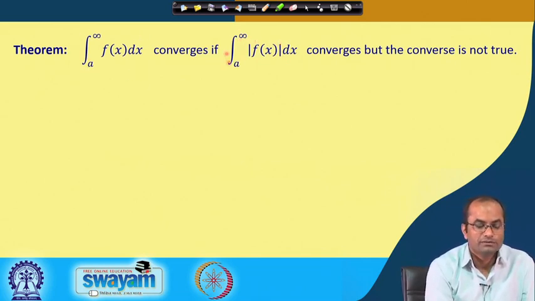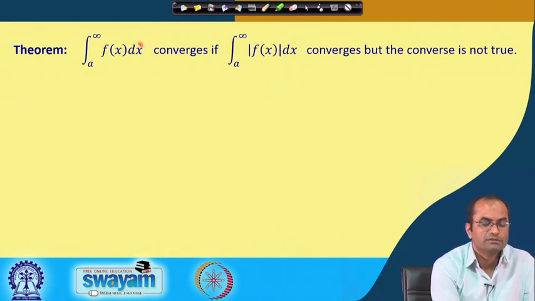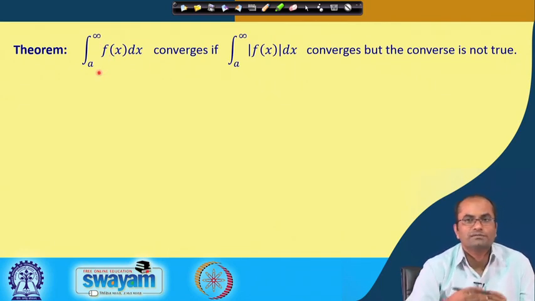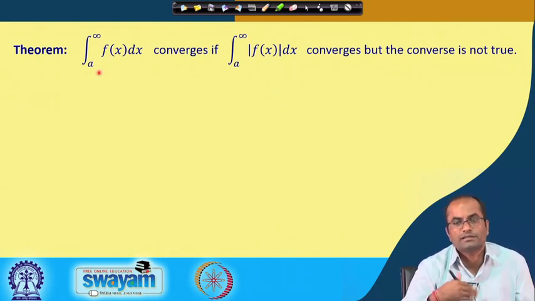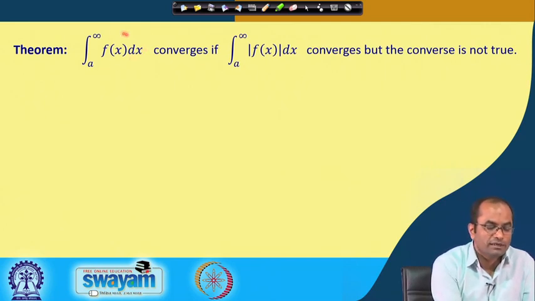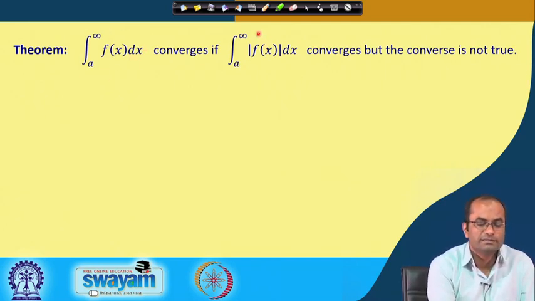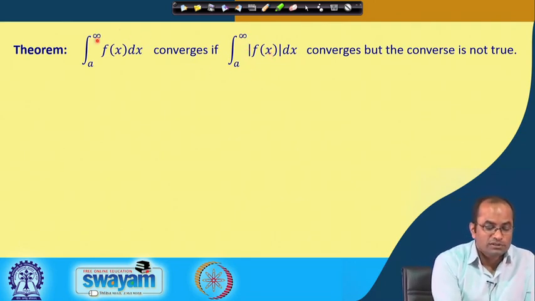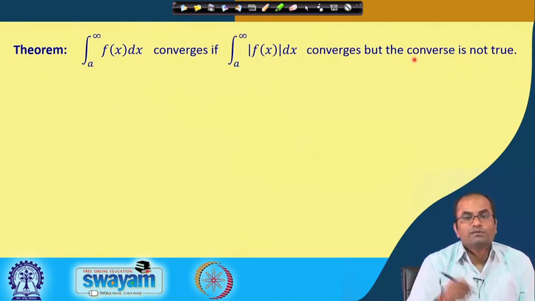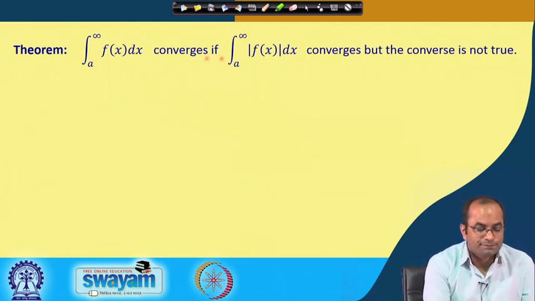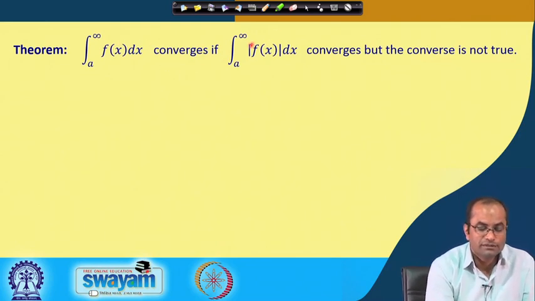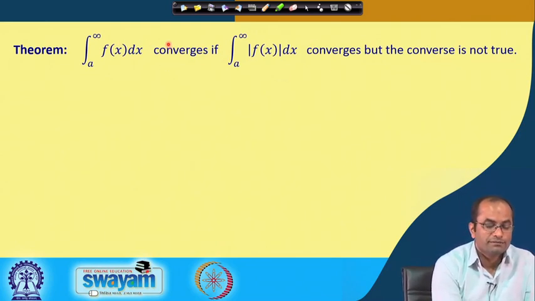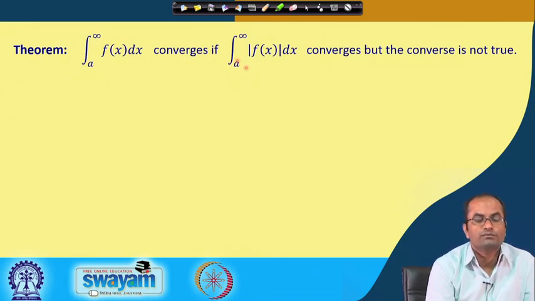So, if this converges, naturally this converges, because here we have positive and negative values, cancellation will come, and this value will be less than the value obtained by taking the absolute value of the integrand. So, this converges if this converges, but the converse is not true: if this converges, this may not converge.